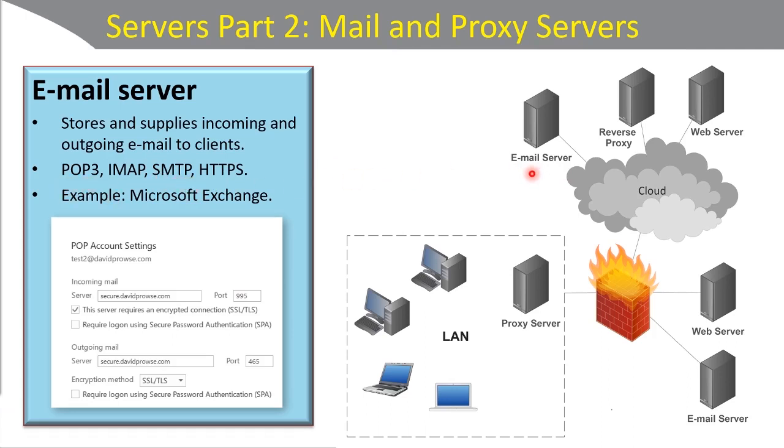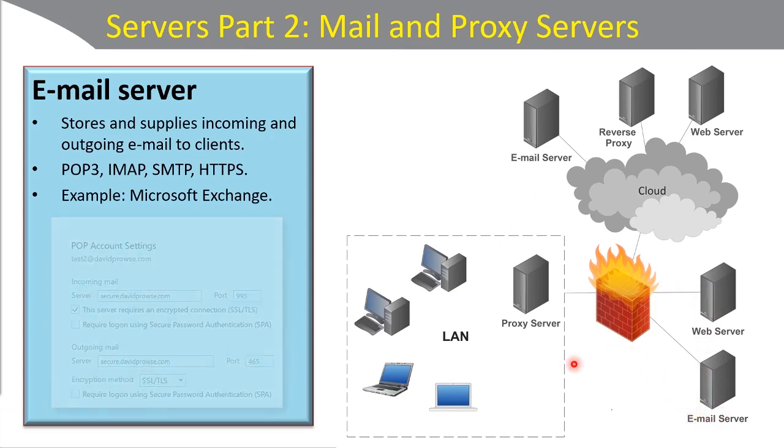Then we'd need to know the port numbers that those protocols are using. So for example, for secure POP3, that would be 995. For secure SMTP, that would be 465. And then the username and password, and then we'd be able to connect through to get our email over the internet or through the LAN to our DMZ, wherever that email server is stored.